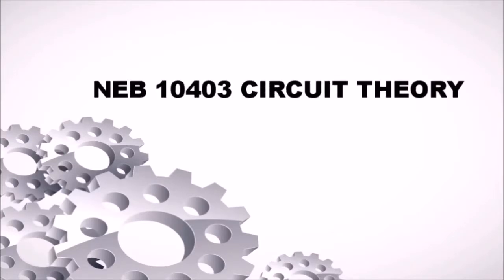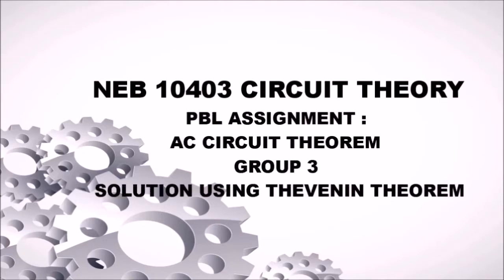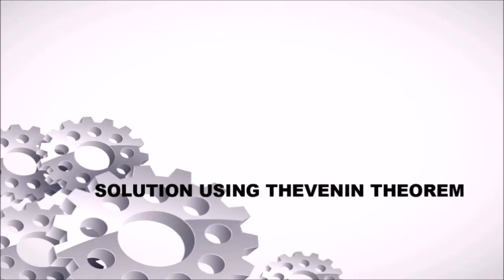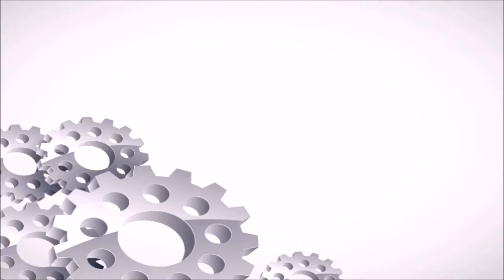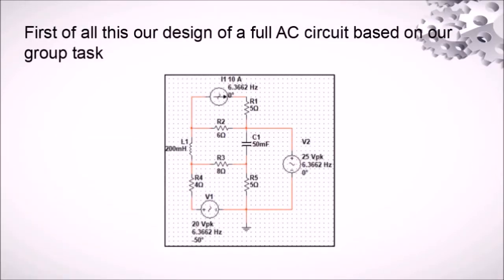Hello, welcome to Circuit Theory. Today I'm going to tell you how to solve an AC circuit using Thevenin theorem. Now, first of all, this is our design of the full AC circuit based on our group task.